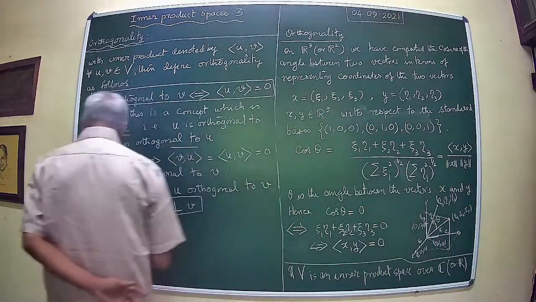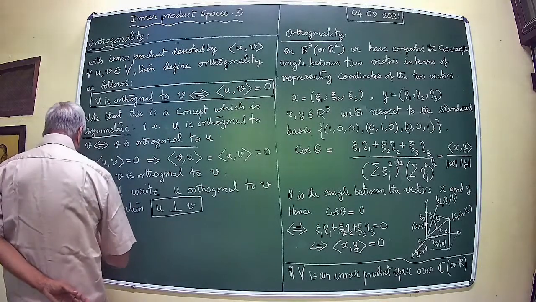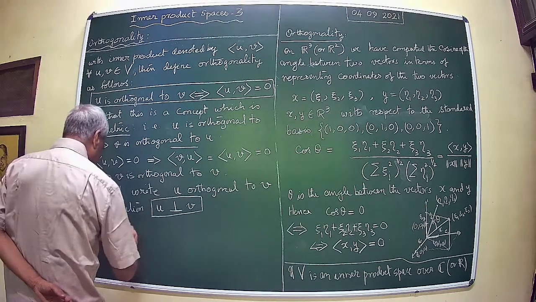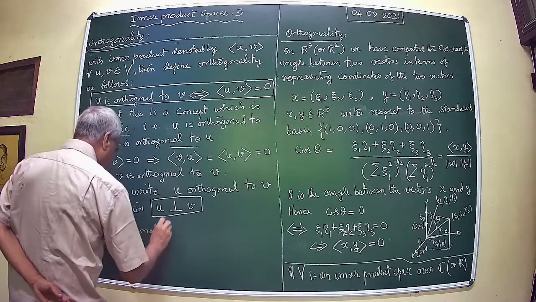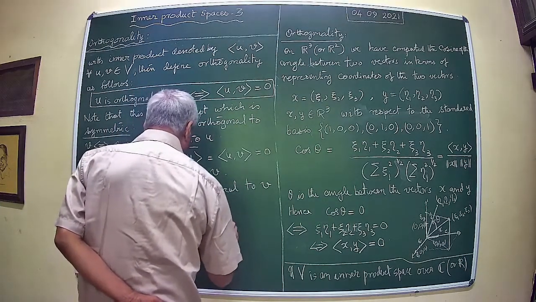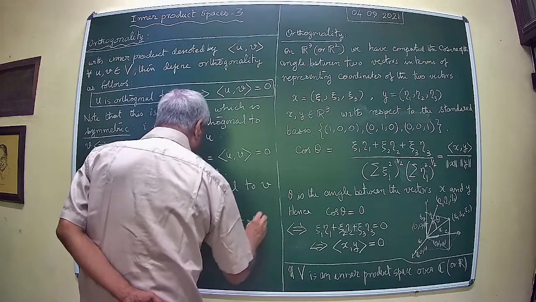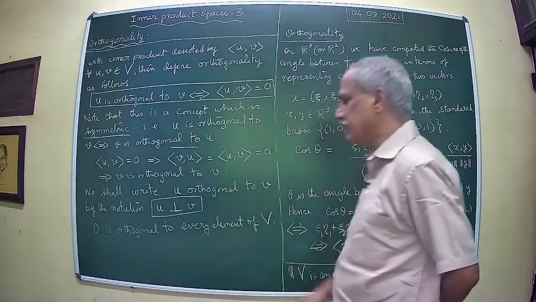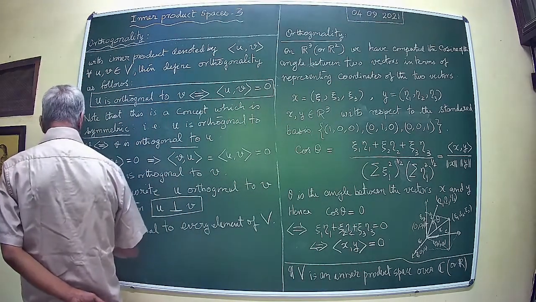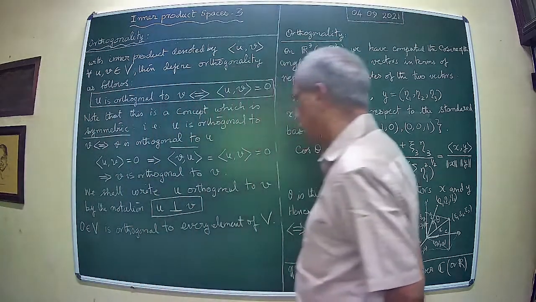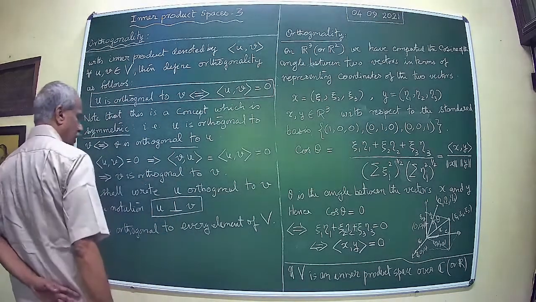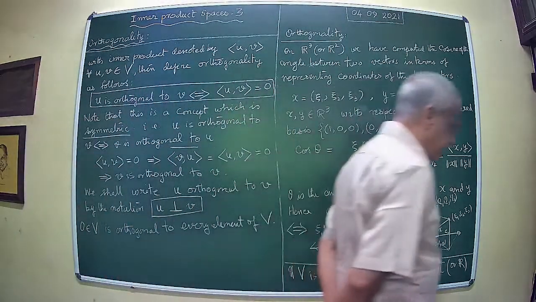Now we make certain observations. 0 is orthogonal to every element of V, that is, 0 belonging to V is orthogonal to every element of V. That's quite easy. That is because the inner product of 0 with v is equal to 0.